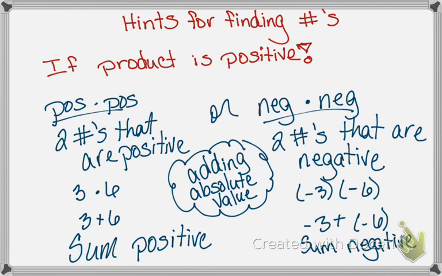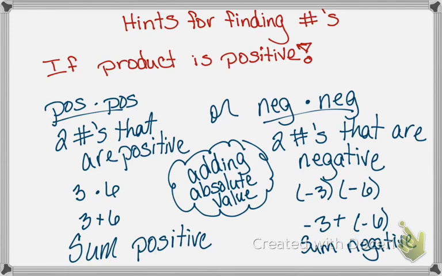So these are the scenarios that you're looking at, and there's really two scenarios when you are dealing with a positive product. So it is helpful to look at that product and actually say to yourself, okay, that's a positive product. Therefore, both my numbers have to be positive or both my numbers have to be negative.